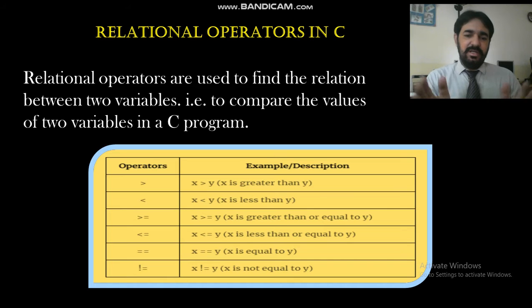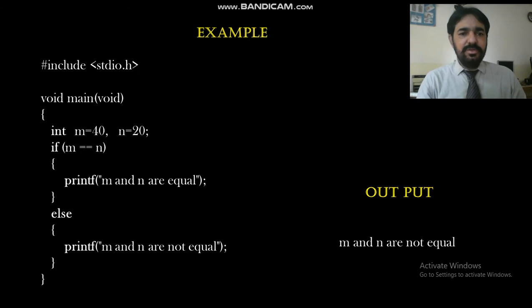Like we compare both values and represent them in different program structures, and we calculate some values to get some type of output. So here we have an example of a C language program.